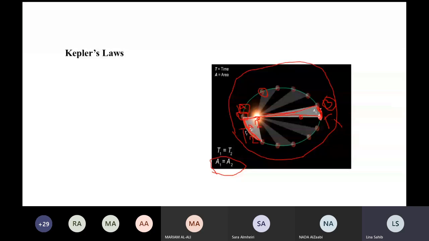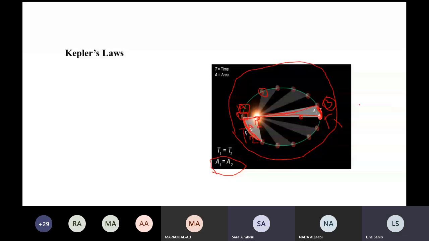This is why the Earth moves around the sun in uniform motion, like what we studied in circular motion, moving in uniform elliptical motion around the sun and finishing one cycle. How many days does it need to finish this elliptical period?